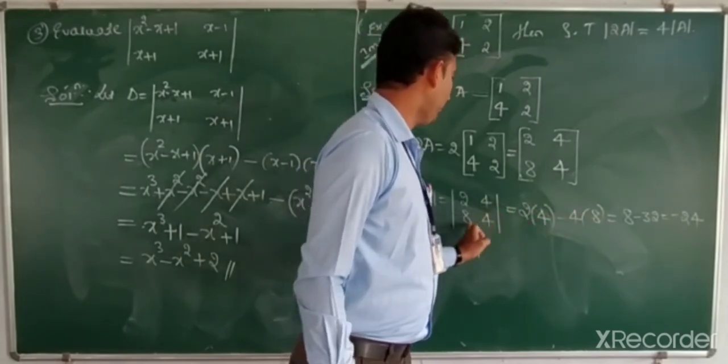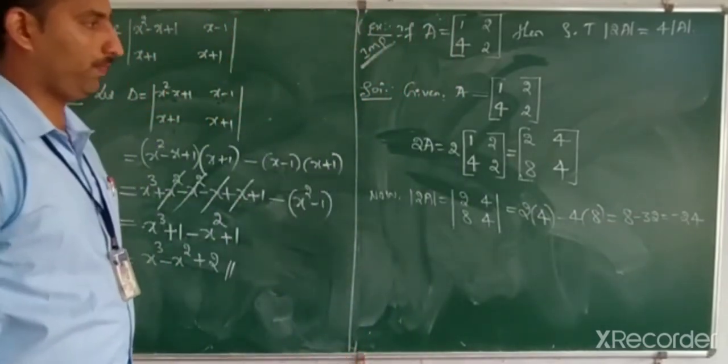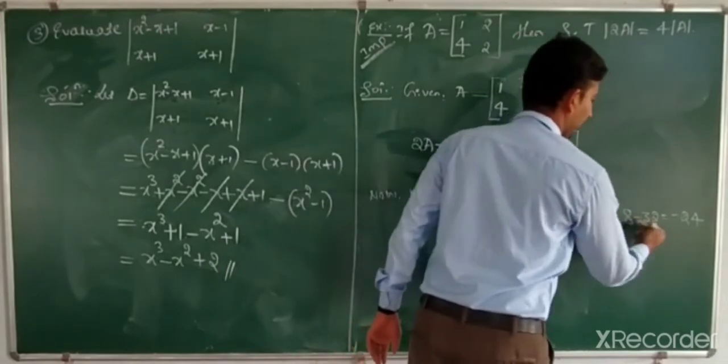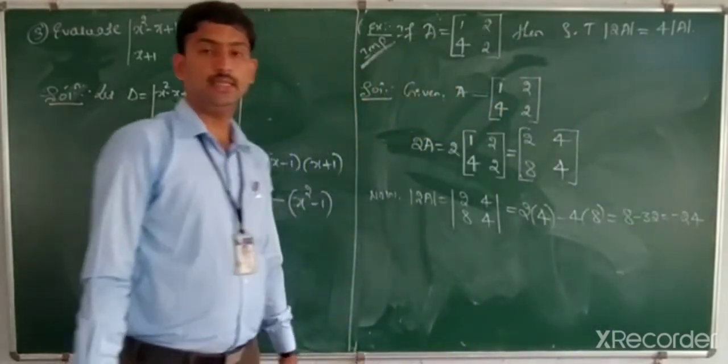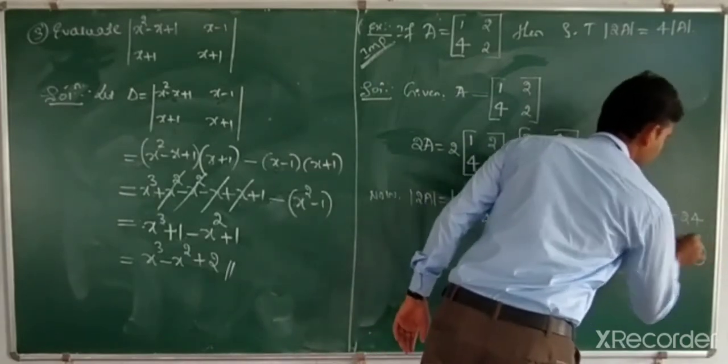After that, 8 into 4 is 32, which is nothing but minus 24. Minus 24, 8 and 24 becomes 32. This is the LHS, equation number 1.